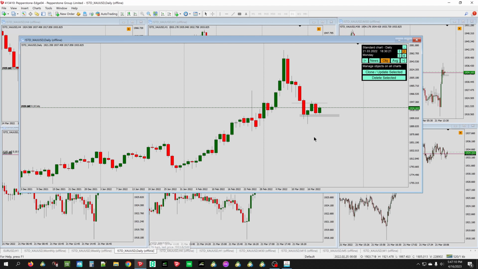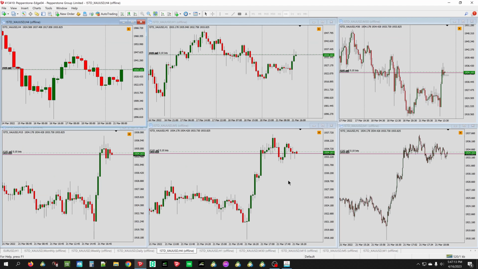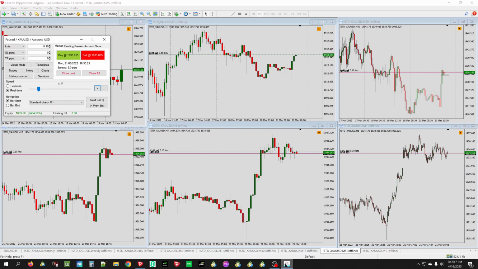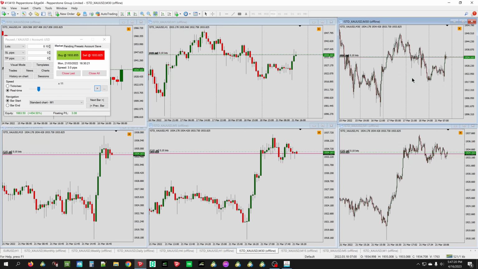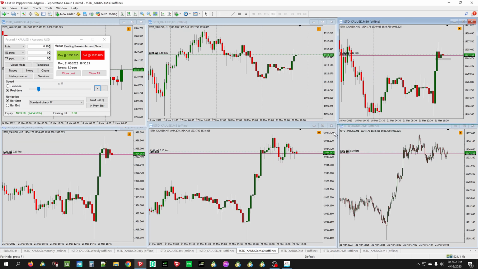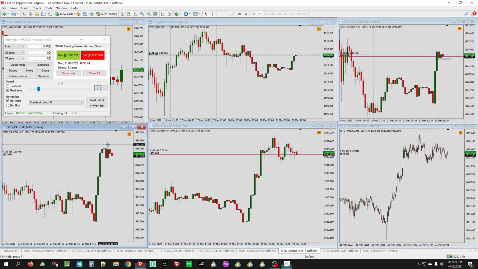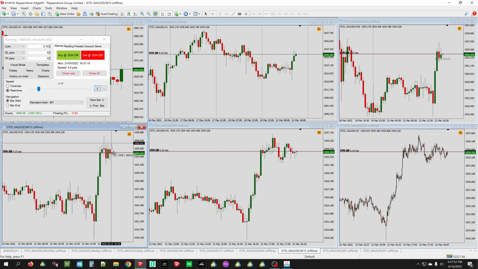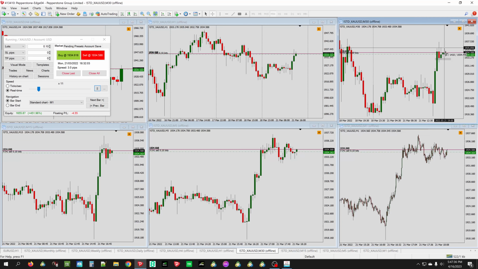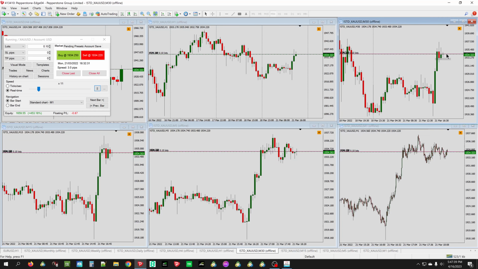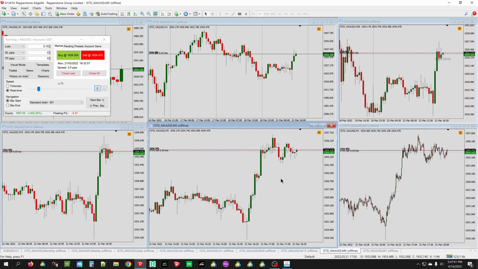So I do believe there isn't enough volume for prices to keep pushing up, so that's why I executed this sell, and I will just stick with my initial plan. If we are to move down, I am not anticipating prices to break above this M30 high. If we break above that M30 high, that is where I will take my stop loss, which is around 50 pips away, and we will just call it a day.